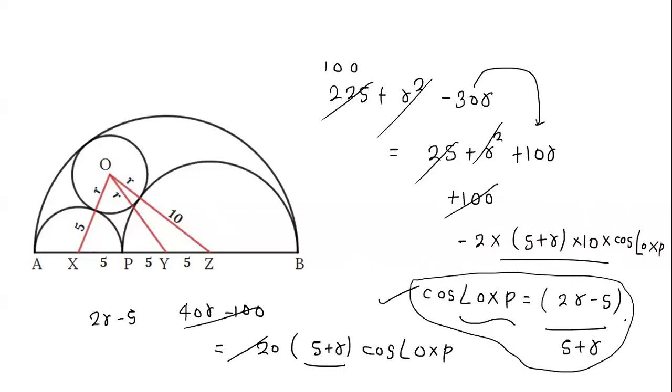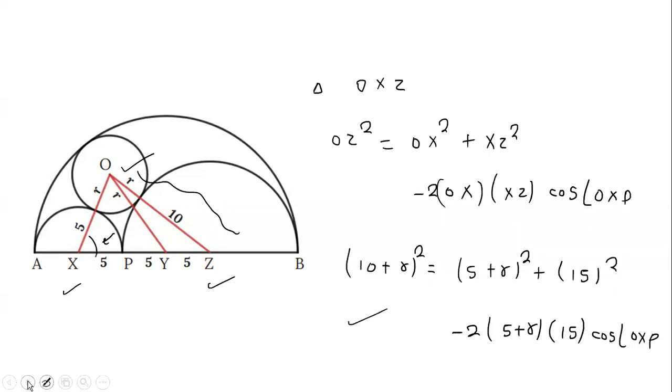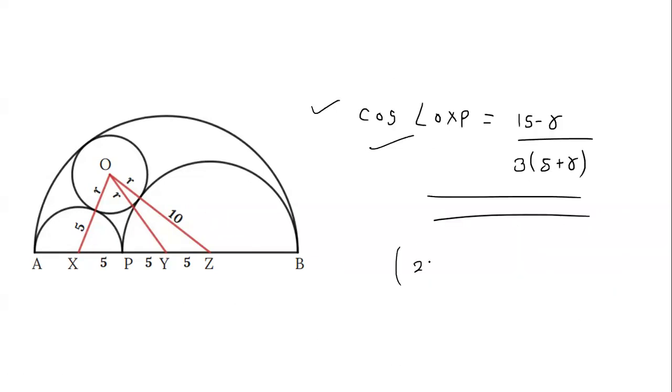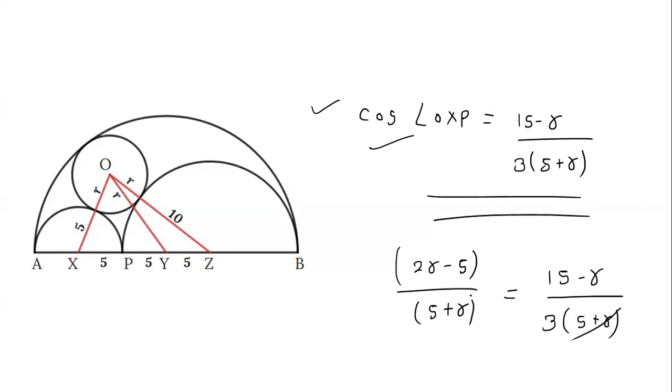So this is 2R minus 5 divided by 5 plus R, and on this side we can write 15 minus R divided by 3 times 5 plus R. So you can simplify, it will become like 6R minus 15 is equal to 15 minus R.